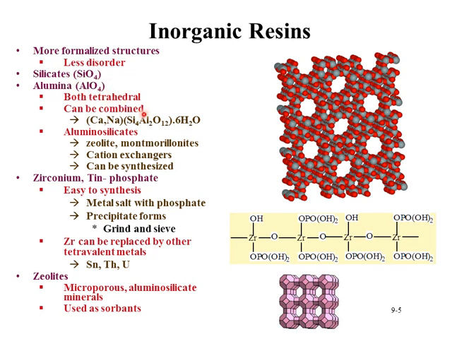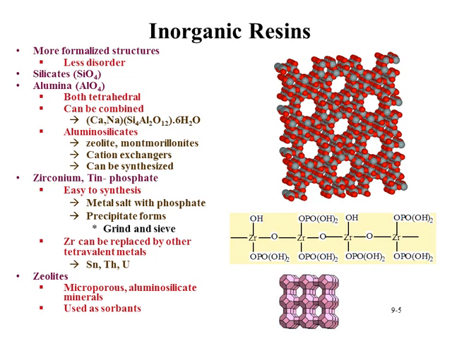Both these structures are tetrahedral. They can be combined into extended structures such as those shown here. Examples of aluminosilicates that can be used in separations include zeolites and clay minerals. These are often cation exchangers where metal ions can fit into these cavities, and they can be synthesized.